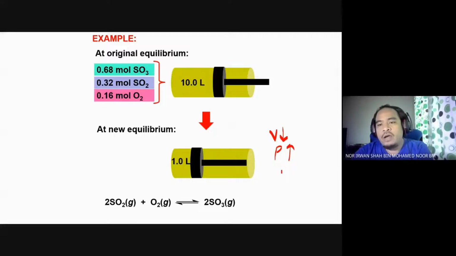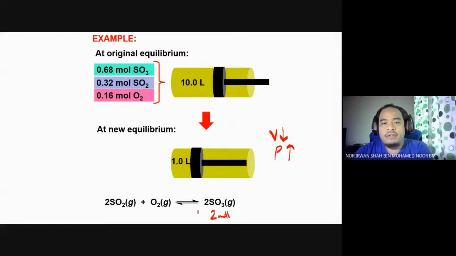So how is the system going to do that? The system will shift to the side with fewer moles of gases. For example, if we look at the equation here, on the product side there are 2 moles of gas, 2 moles of SO3.